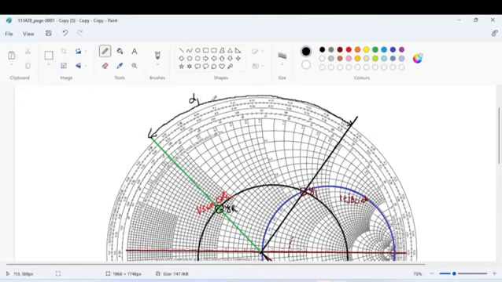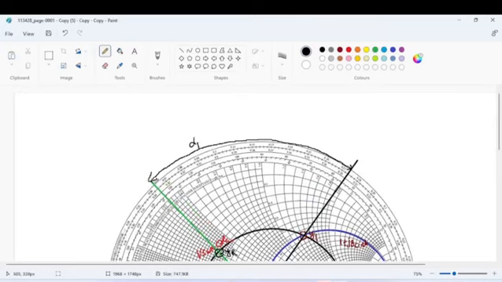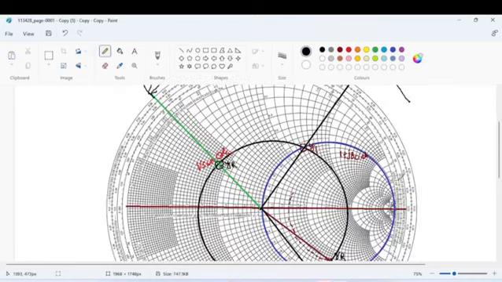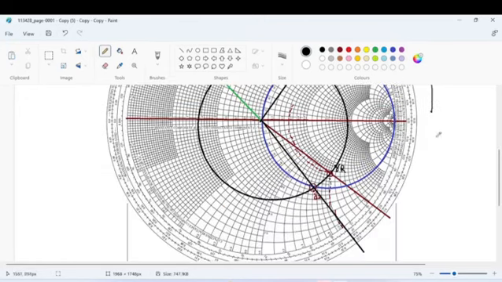What about d2? From this place you go like this, up to here. Don't go to zr. So this is d2.